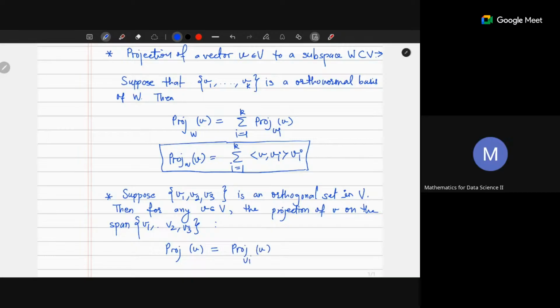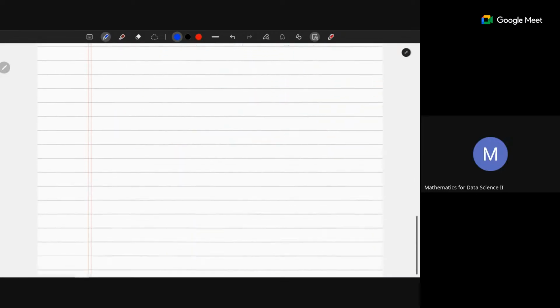All right. Projection of V onto v1, projection of V onto v2, projection of V onto v3. All right.